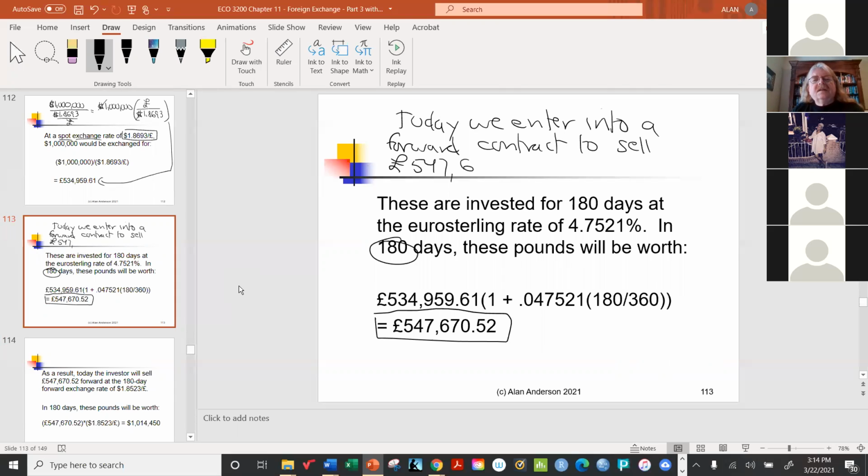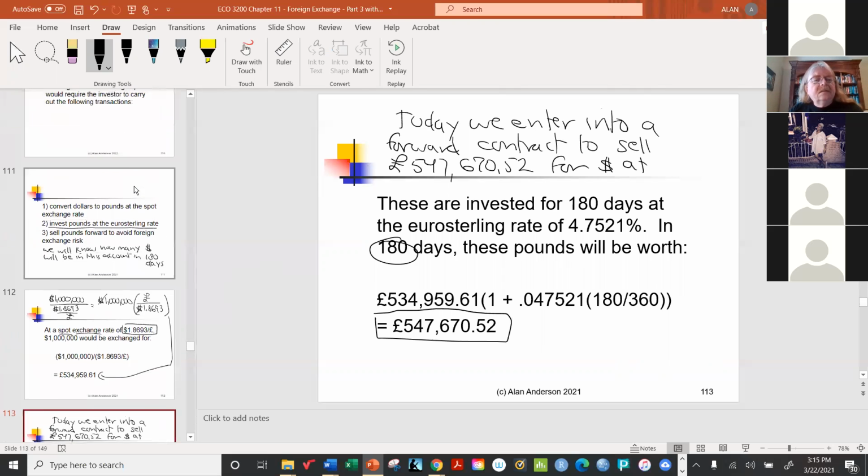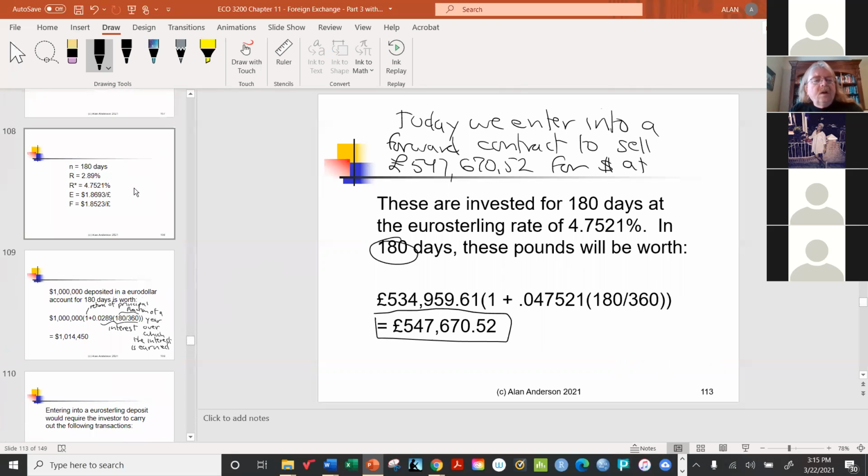547,670.52 pounds at, and the forward exchange rate, remember, was quoted to us as 1.8523.